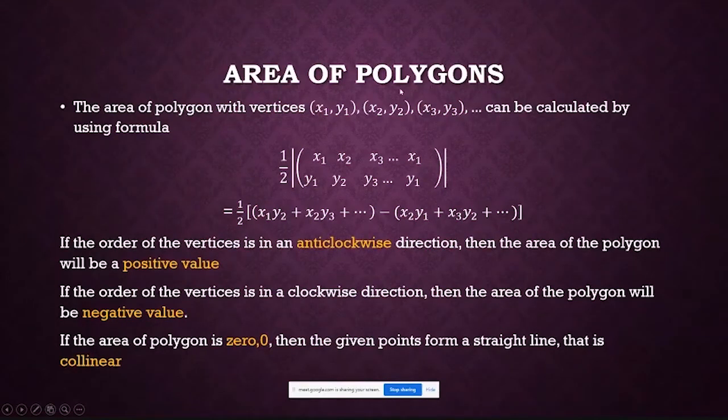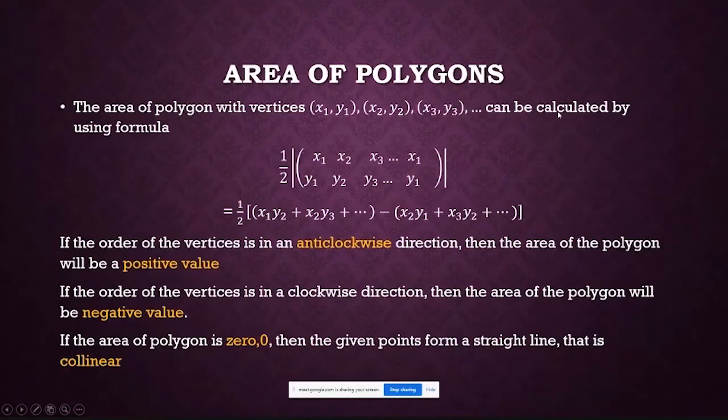If you have 3 points, it will form a triangle, which is one type of polygon. If you have 4 points, it will form a quadrilateral. If you have 5 points, it will become a pentagon. So those are all types of polygons.